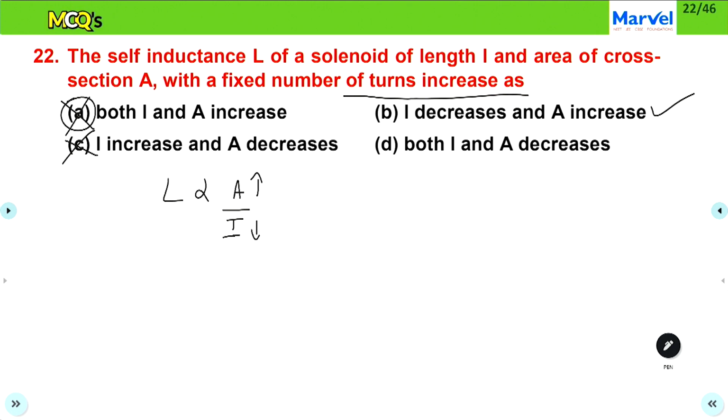In option D both decrease, which is also wrong. So just by seeing the relationship, we can conclude that l decreases and A increases for the self-induction of a solenoid. This is a direct formula you will find in your textbook.